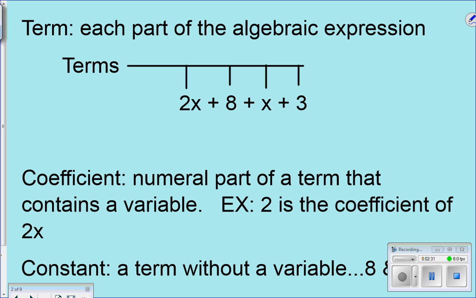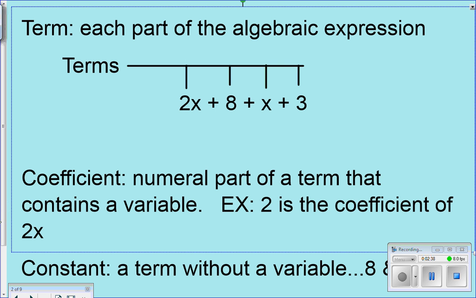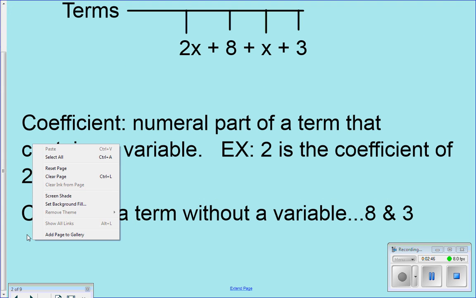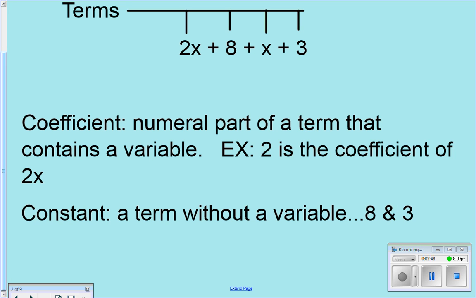Then my next vocab word is coefficient. Coefficient is the number part.